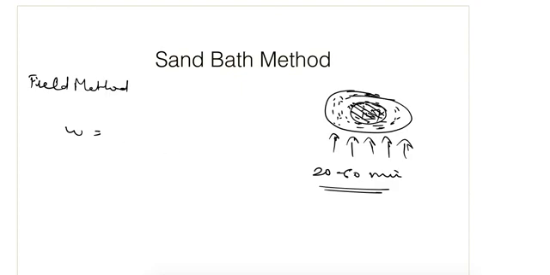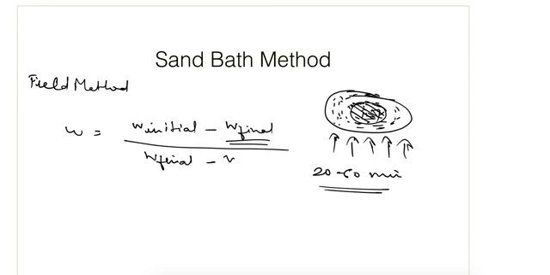The water content should be W initial minus W final, which means the weight of the sample initially, the soil which is having moisture, minus the weight of the final sample, which will be a dry sample, and divided by the final sample weight minus the weight of the tray. So it will give us the weight of solids. So this is how we calculate using the sand bath method.